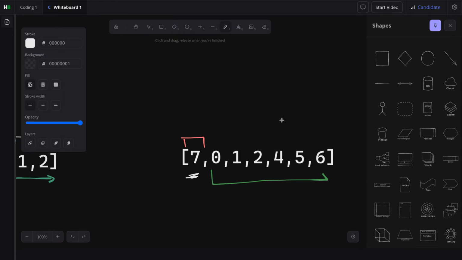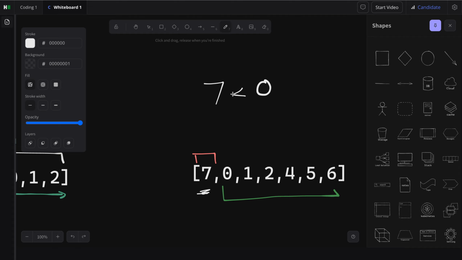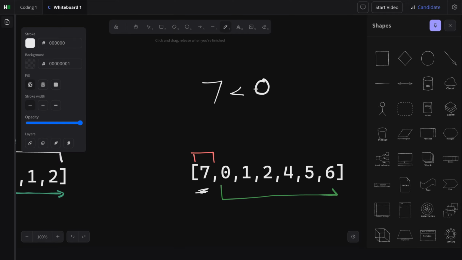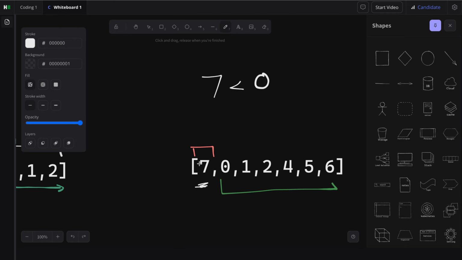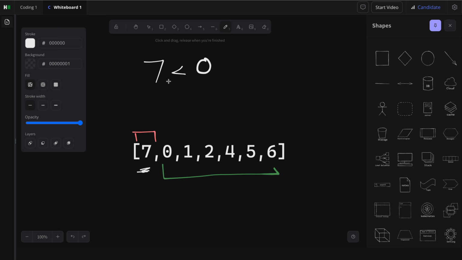That makes sense. 7 is less than 0? That's false. So it can't be in this left sorted one. It has to be in this right sorted. How do we know where this right sorted begins and ends? How does this help us determine that? Does it help us determine that?